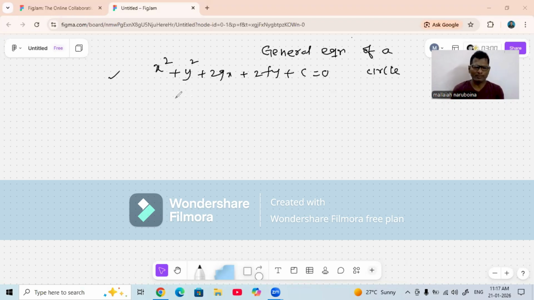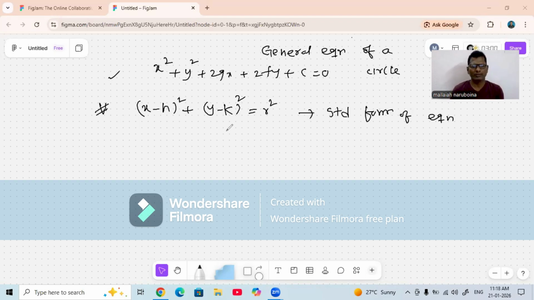This formula comes from x minus h whole square plus y minus k whole square is equal to r square. Just now we derived this one. This is standard form of equation. By expanding this equation, we get x square plus y square plus 2gx plus 2fy plus c is equal to 0.